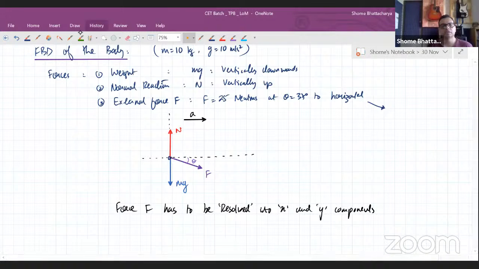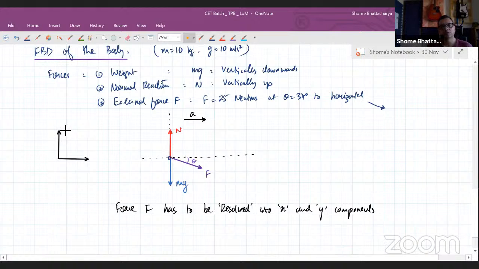For resolving it into x and y components, we will be considering the horizontal direction as our x-axis and the vertical direction as our y-axis. So this is our coordinate frame. Mg and normal reaction don't need to be resolved because they are already along the y-axis. But F needs to be resolved into x and y components.